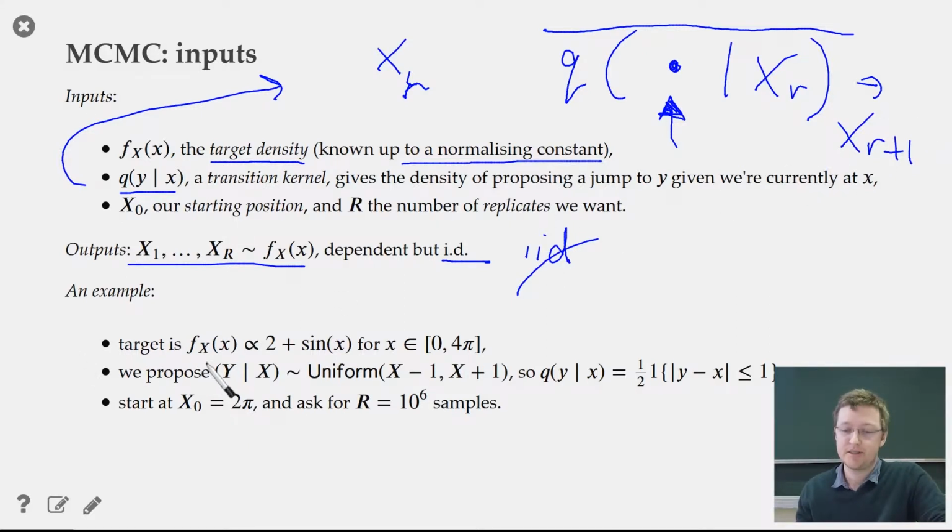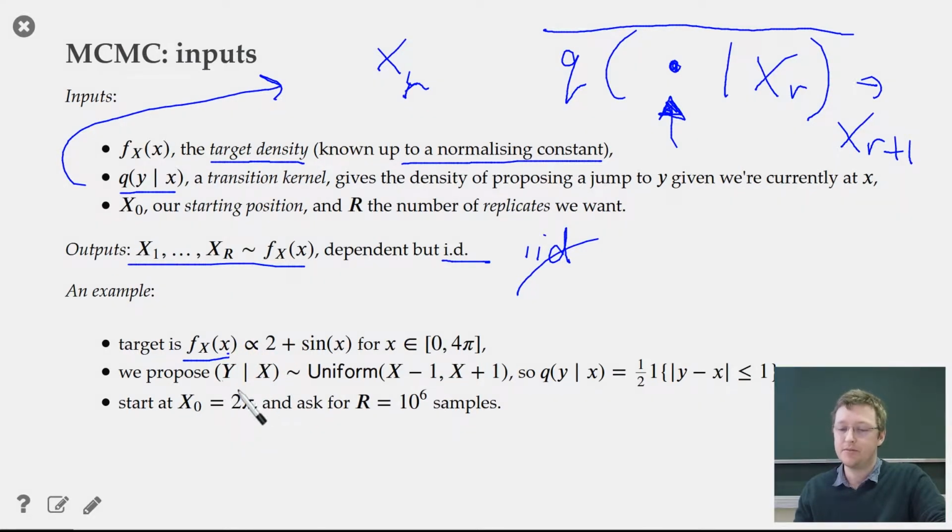So what does this look like as an actual example? Say we, for whatever reason, wanted to simulate from the PDF which is something multiplied by 2 plus sine x, over the range x is 0 to 4 pi. So that would be our target density up to a normalizing constant. Here I've written it as proportional to.